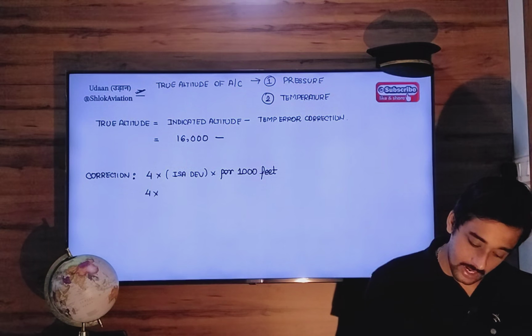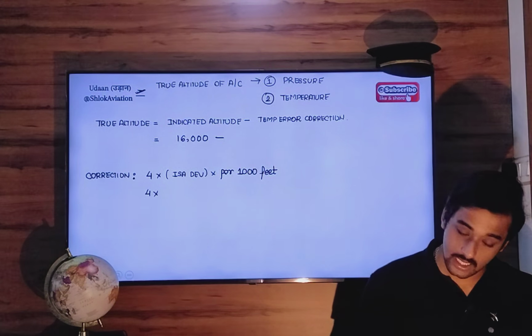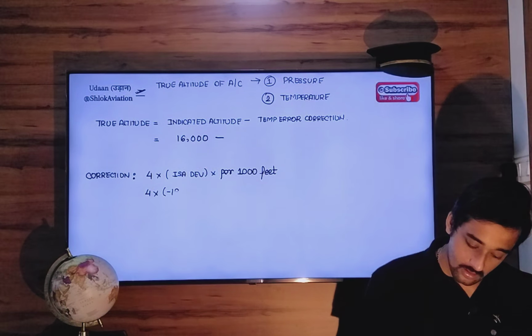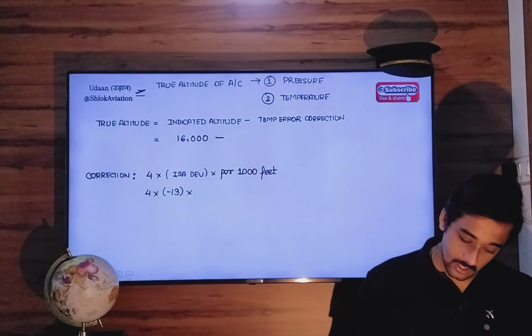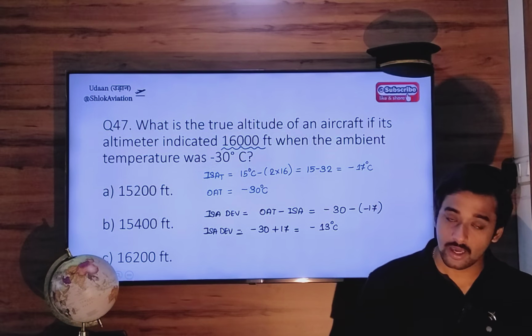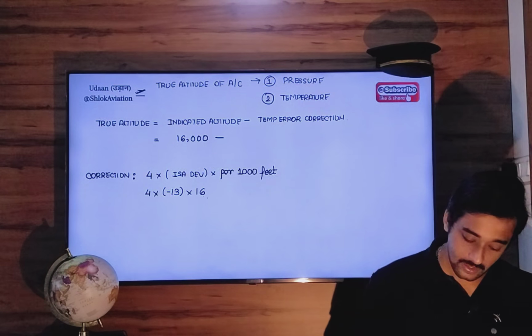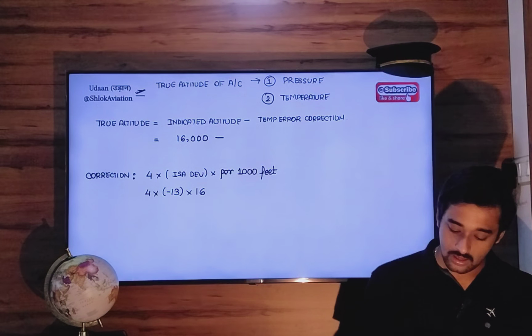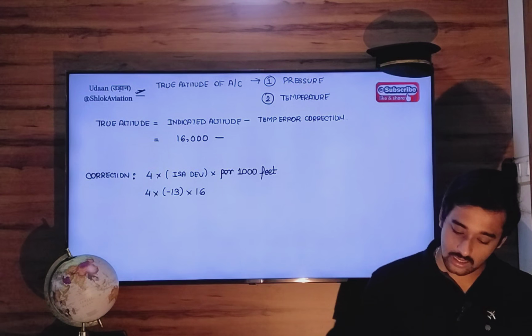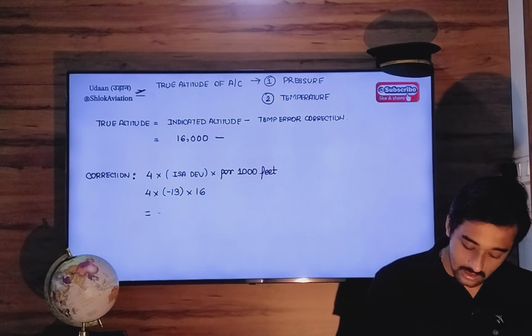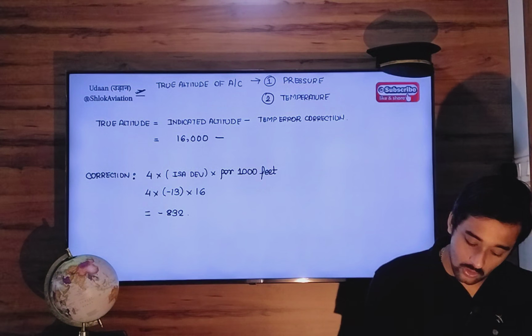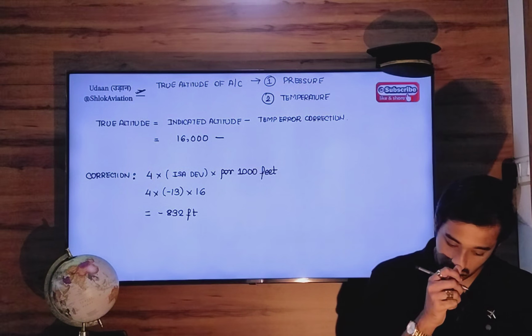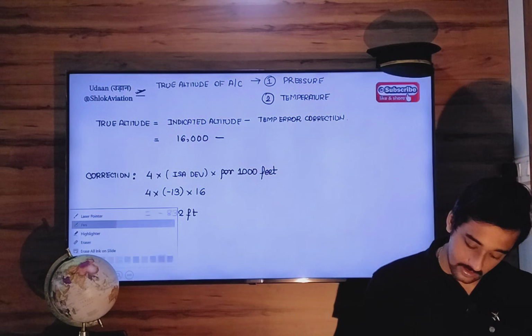So 4 multiplied by ISA deviation minus 13, multiplied by per 1000 feet. How many thousand feet are we flying at? 16,000. So 4 into 13 into 16 is minus 832 feet. Okay, minus 832 feet.